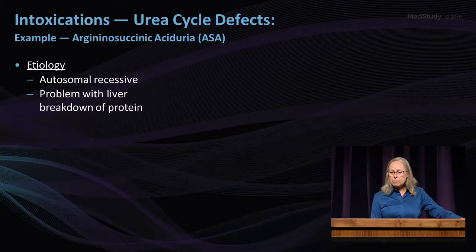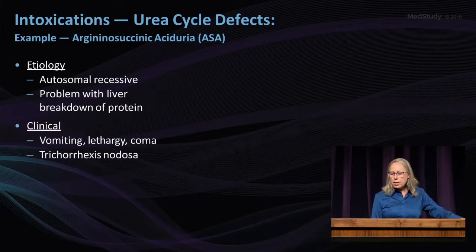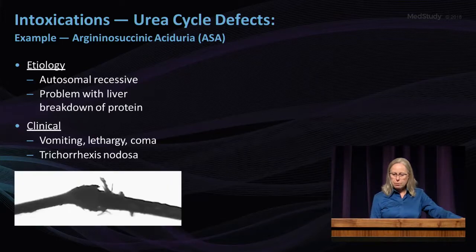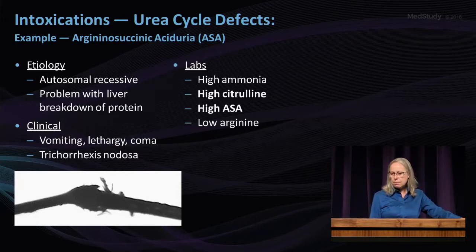Argininosuccinic aciduria, autosomal recessive, vomiting, lethargy, coma. This one has a hair phenotype, trichorrhexis nodosa, so this broken hair. And so if you're thinking this is what it is, you can have your friendly dermatologist come by, pluck hair, and look at it underneath the microscope and make a diagnosis.